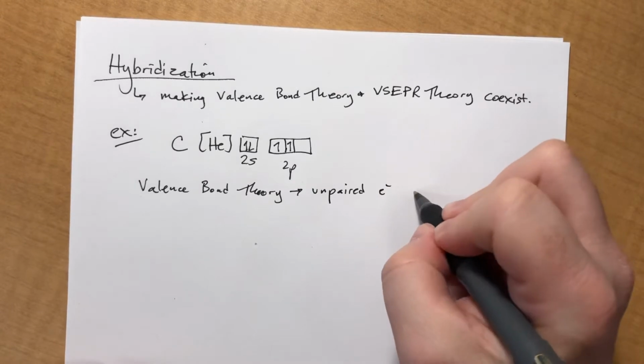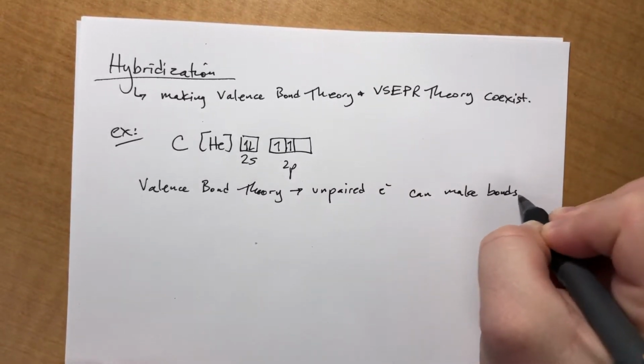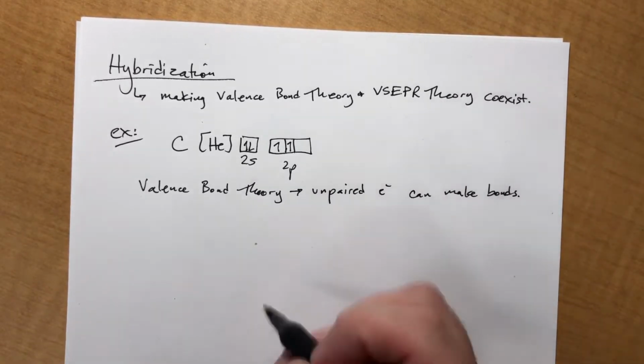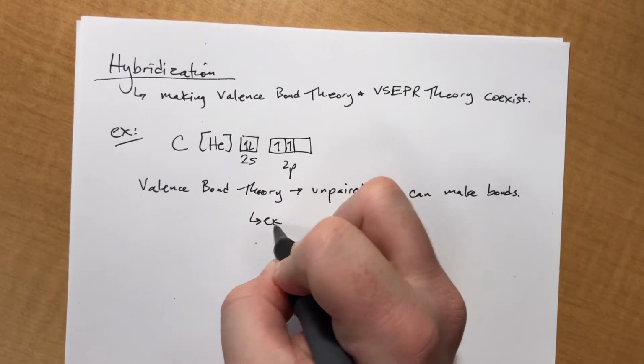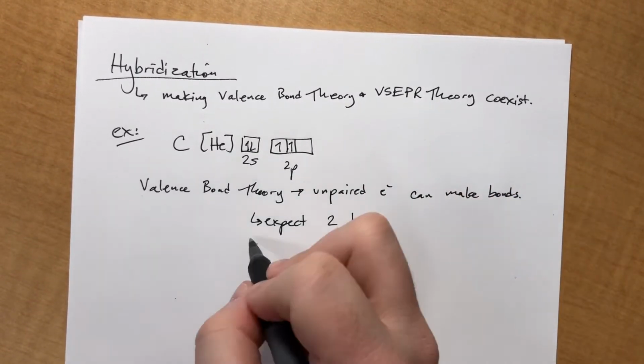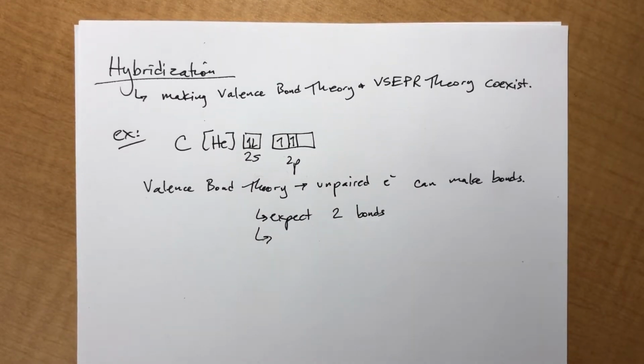Unpaired electrons can make bonds. Well, according to this, we have 2 unpaired electrons, so we should expect 2 bonds.